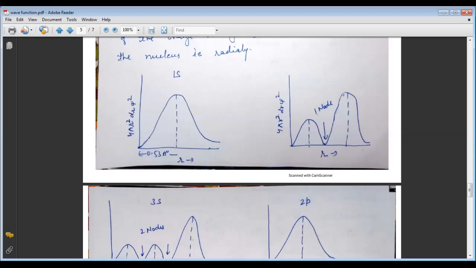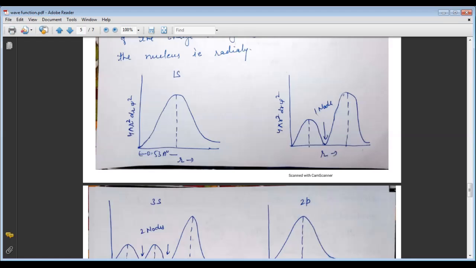For the 2s orbital, the curve consists of two maxima, separated by a region where the radial probability is 0, which is the node. A node means the probability of finding the electron is 0.